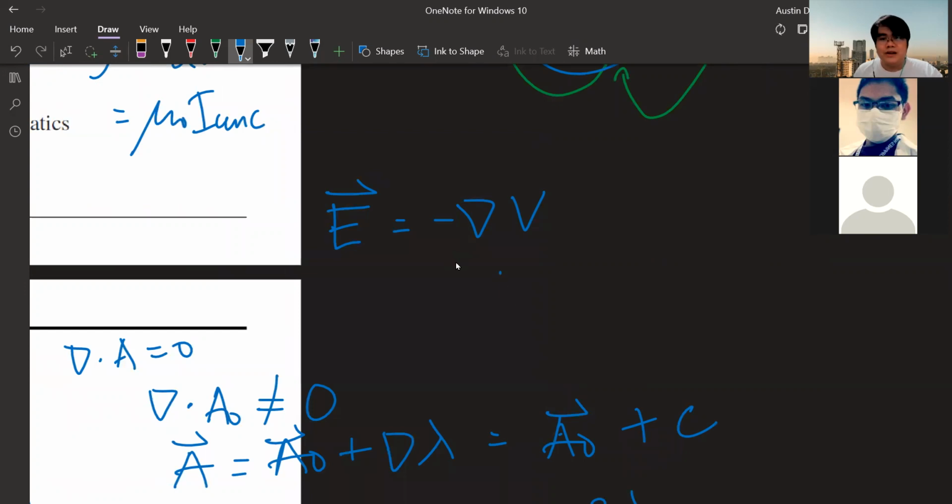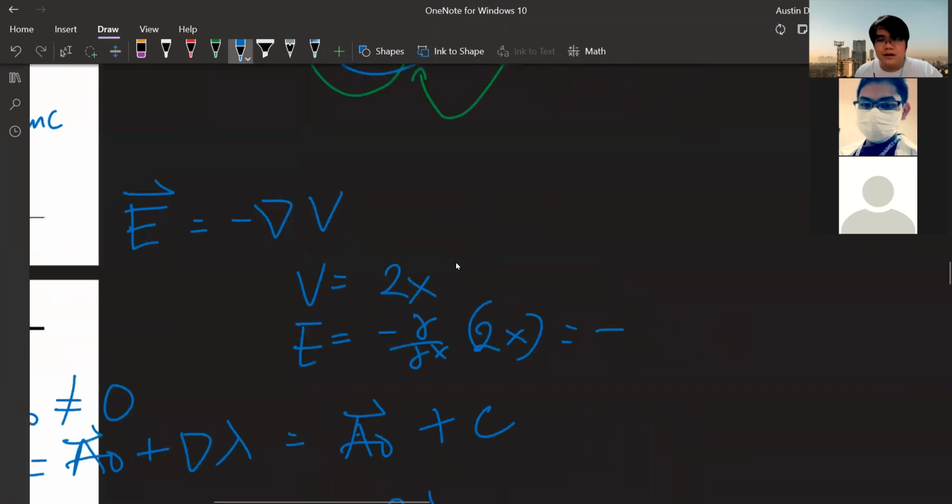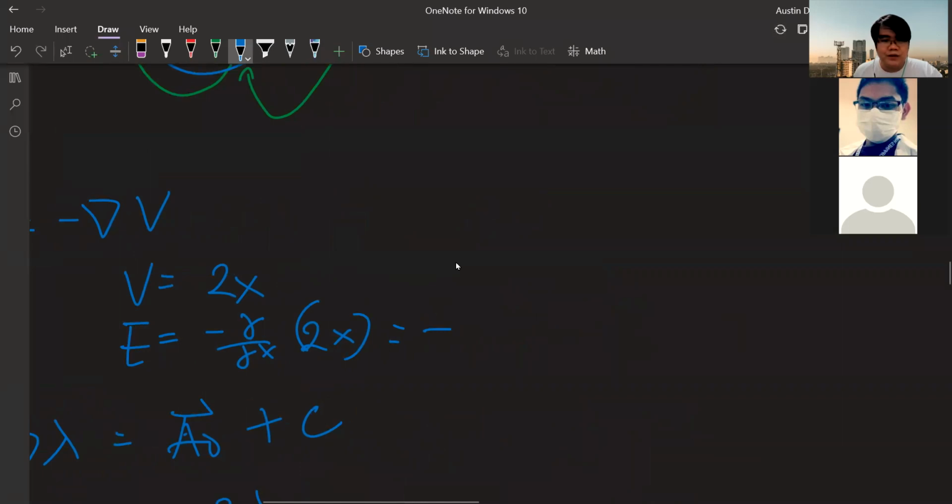So kunwari, yung potential mo is 2x, then the electric field is kunin mo yung negative gradient ng 2x, so that gives me 2x hat. Tama? Okay, so I can always add whatever constant I want here. Okay, so I can add 1,000 and you'd still have your electric field.